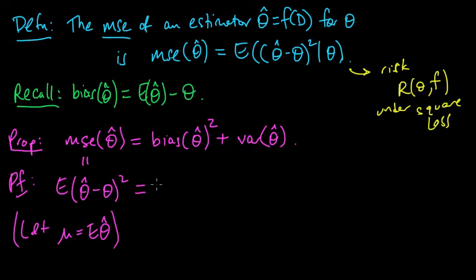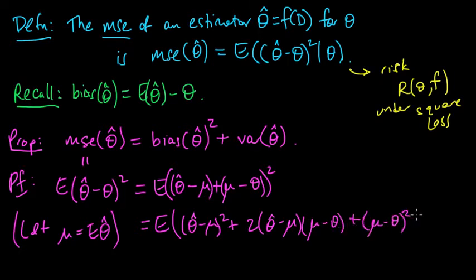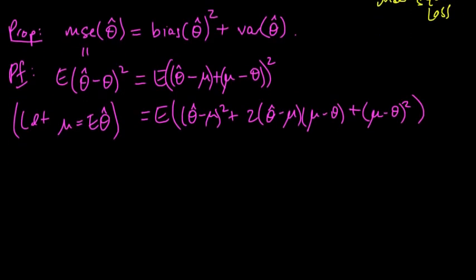So we define that, and now we'll just add and subtract it. Actually, mu minus theta. We can always do that, and let's put some parentheses in there, and let's square this out. So continuing on this line, it's theta hat minus mu squared plus 2 times the product, theta hat minus mu times mu minus theta, plus mu minus theta squared. Just a little simple algebra.